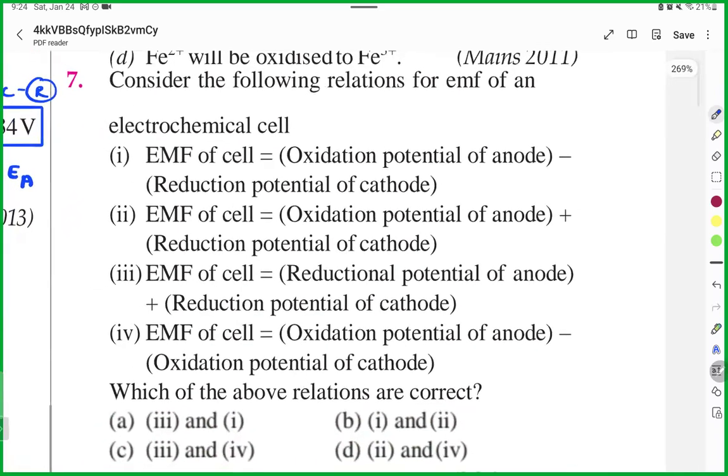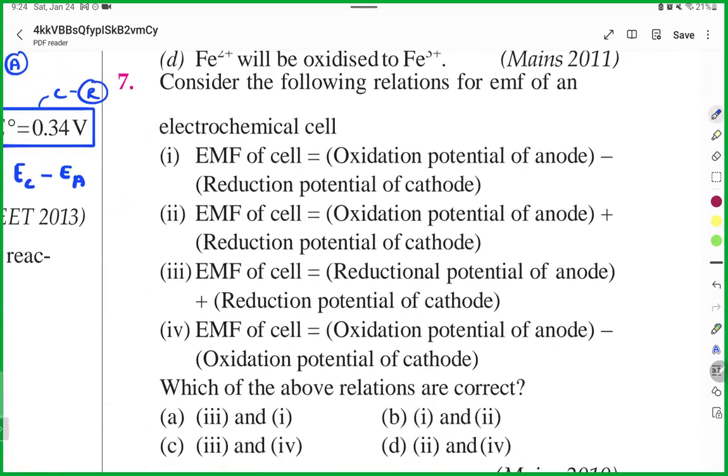Chandana, seventh question. Direct formula. EMF of the electrochemical cell is, first take reduction potential. Is the third option correct? EMF is equal to reduction potential of anode plus reduction potential of the cathode.